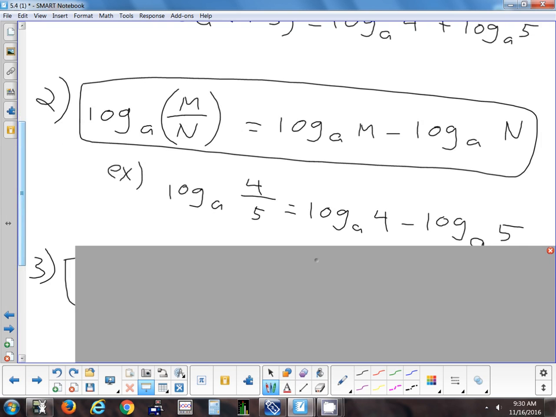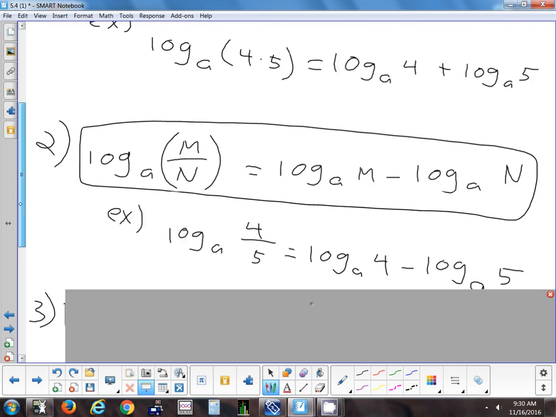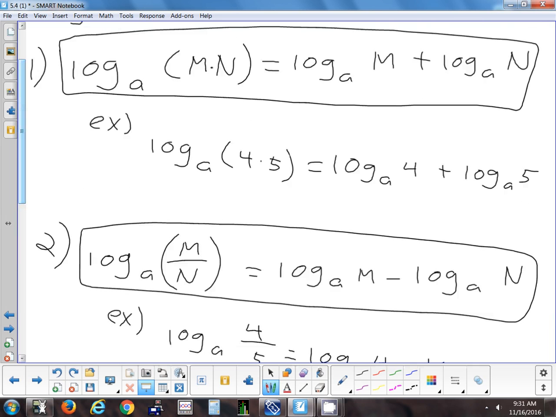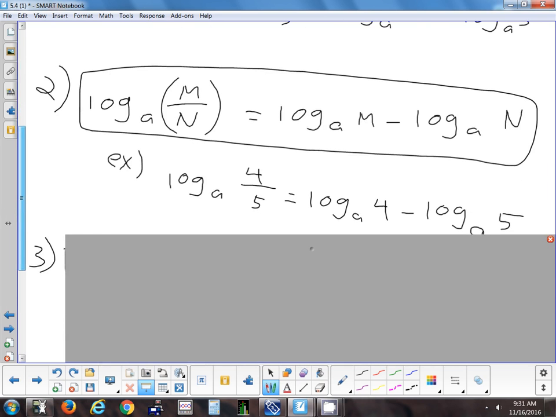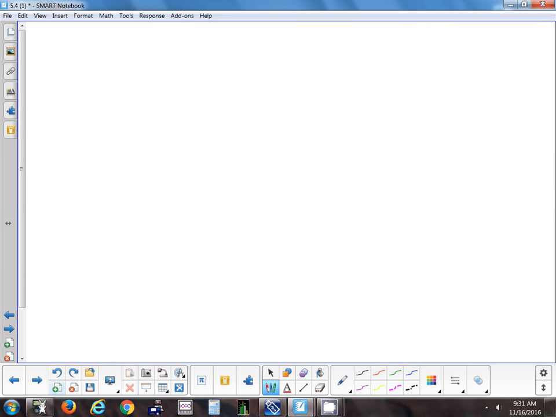Okay, and the third rule is really a special case of rule 1. Okay, I'm going to show you an example and see if we can figure out rule 3 together. Okay, does everyone have rule 2? All right. Let's do log of x cubed.